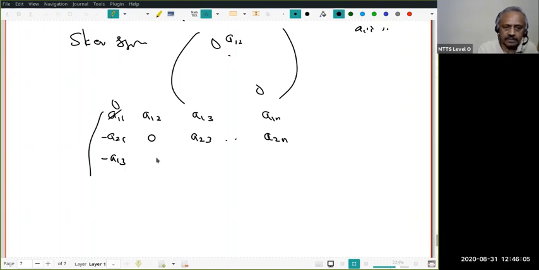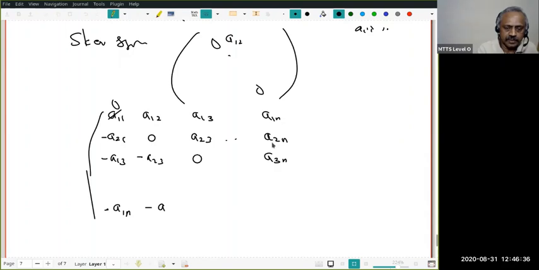And a32 should be negative of a23, therefore it's minus a23. Do you understand? And a33 will be 0. This will be a3n. Now come to the last row. This will be an1, but an1 must be negative of a1n, therefore it's minus a1n. And this will be an2, but that should be minus a2n.